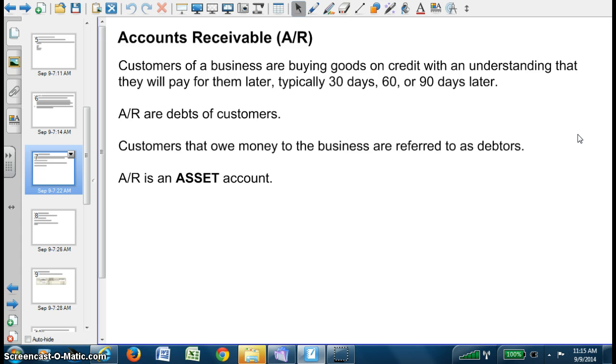So in this section of the chapter, you're being introduced to one of the accounts that we're going to be using quite a bit. It's the accounts receivable, or in short form A/R. This is where customers of a business are buying goods on credit with an understanding that they'll pay for them later. Typically, people may get 30 days credit or 60 days credit or 90 days credit. Accounts receivable are debts of customers. Customers that owe money to the business are referred to as debtors, and accounts receivable is an asset account.